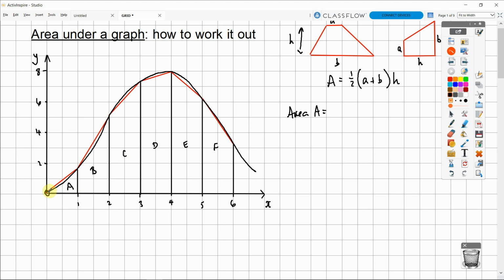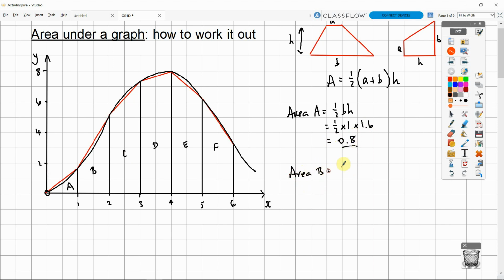It's got a height of 0 on that vertical length there. So I could treat it like that. It's perhaps more straightforward for the moment just to treat it as a triangle. Half times base times height. A half times a base of 1 times a height of approximately 1, I'm going to say 1.6. That works out at 0.8.